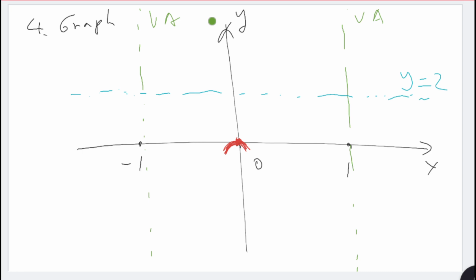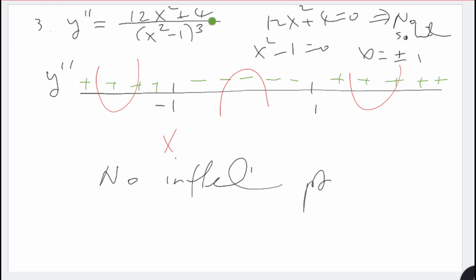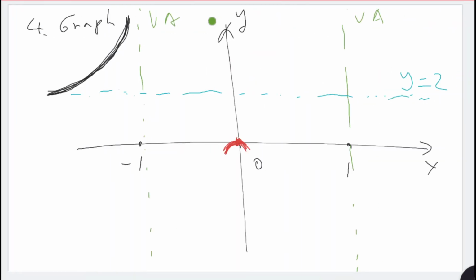Keep in mind too, the graph is supposed to approach the horizontal asymptote, the blue line, and the vertical asymptote in green. So we can only come up with this. Increasing, by the way, concaving up. That's going to fit our expectation. Supposed to concave up, approaching the vertical asymptote, approaching the horizontal asymptote, increasing.